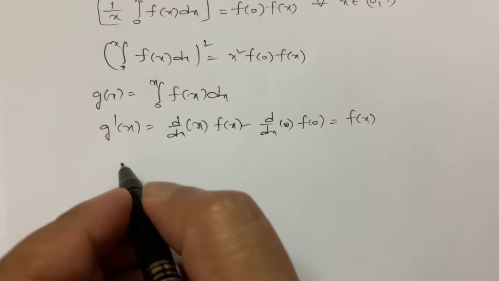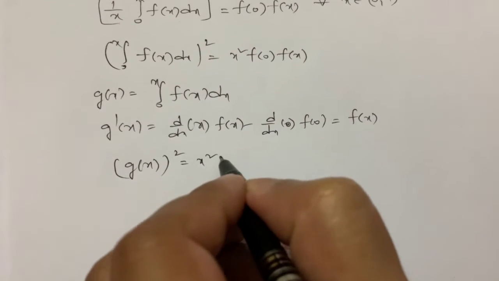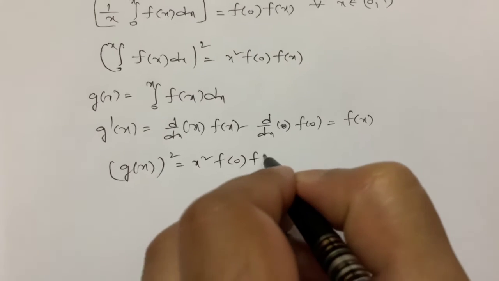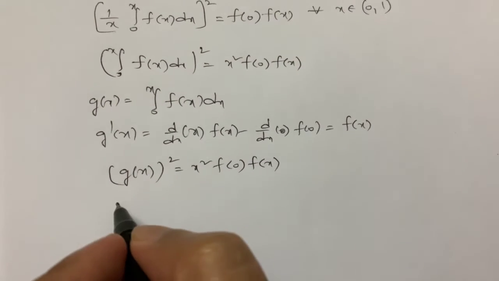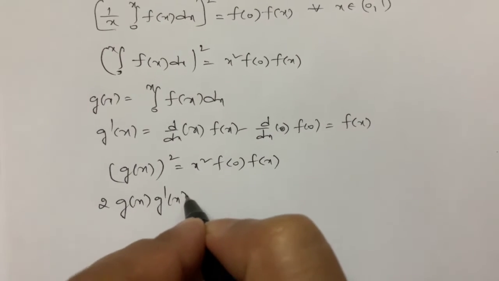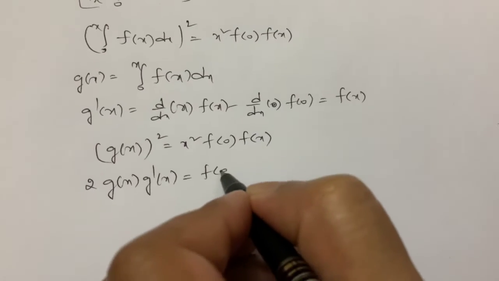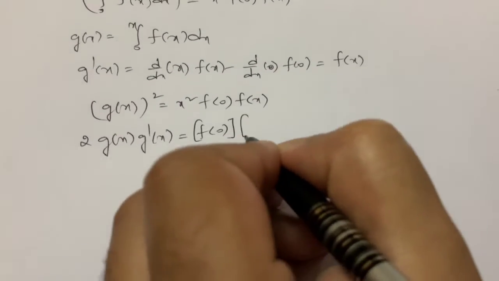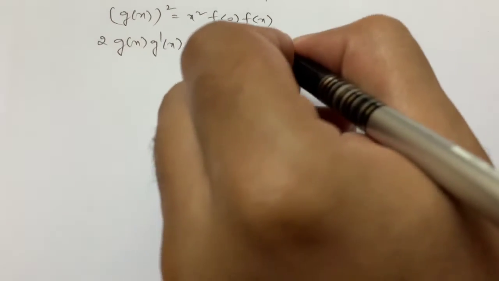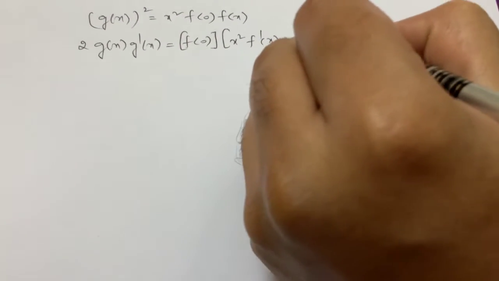So what we have is g(x)² = x² f(0) f(x). Differentiating this, the left side is 2 g(x) g'(x). On the right side, f(0) is constant, so we can bring it out, and these two terms give x² f'(x) plus f(x) into 2x.